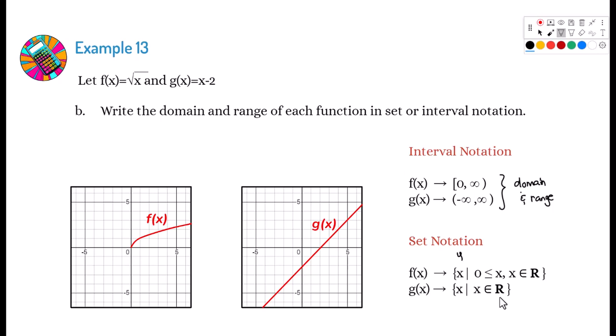So we would say 0 is less than or equal to y, where y is an element of the real numbers. That would signify it is actually a range and not a domain. And then down here for the range, we would say y is an element of the real numbers. There we go. Let's keep going.